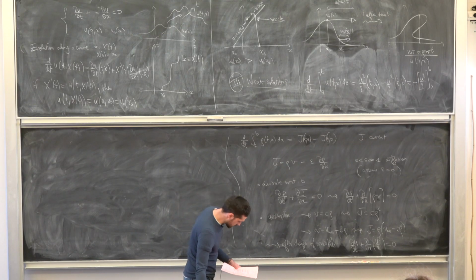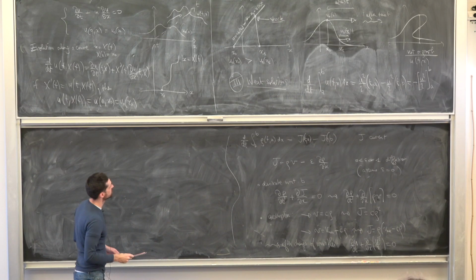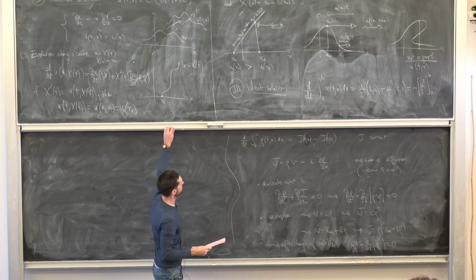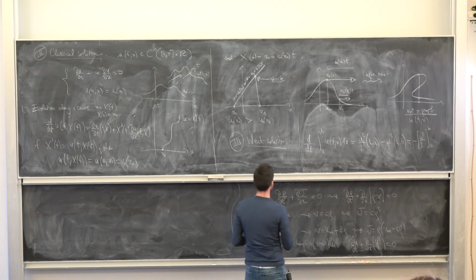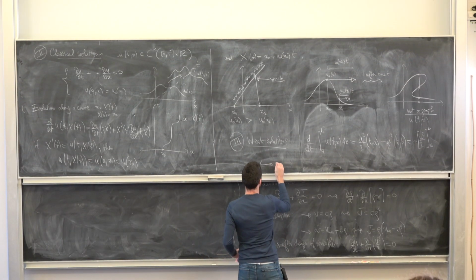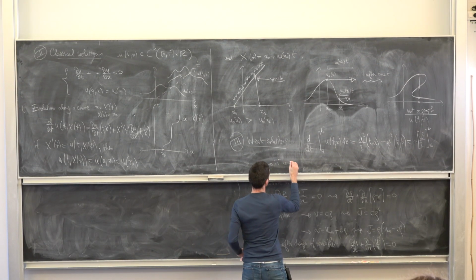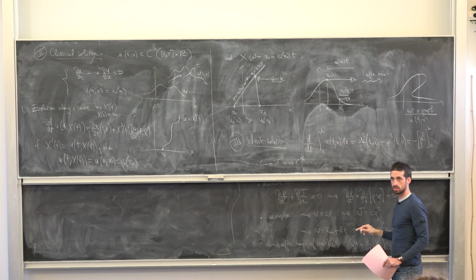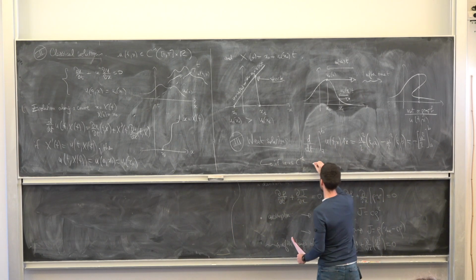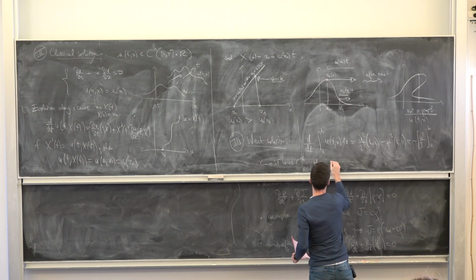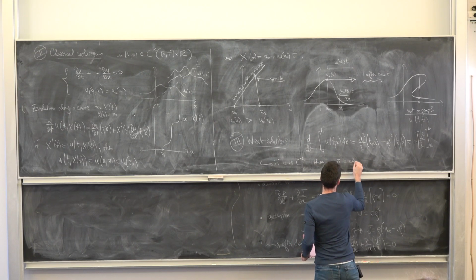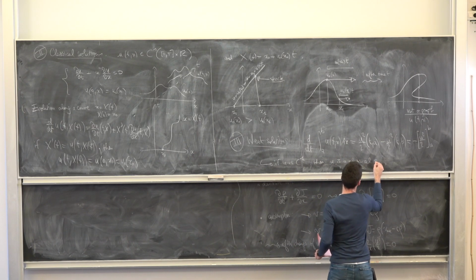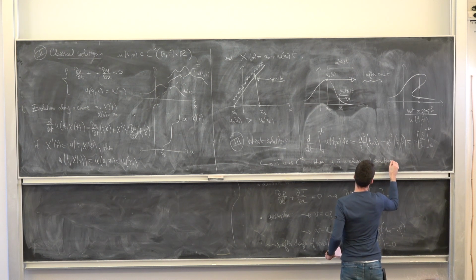Okay, so let's see if we can understand a little bit these weak solutions. Let me first make a small remark. If u is C1 and it is a solution of this, then it's going to be a classical solution. Why?